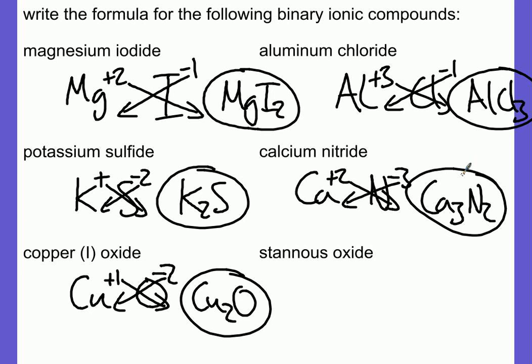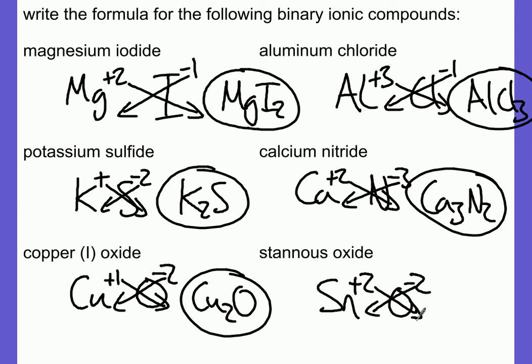Stannous oxide. Again, sometimes you're going to have to recognize some old names. The symbol is easy to come up with from an old name because that's where it actually comes from. But tin, which version of tin is this? There are 2 different versions of tin, a +2 and a +4. Us is always the lower of the 2, so I'm going to say +2 here. Oxide's a -2.